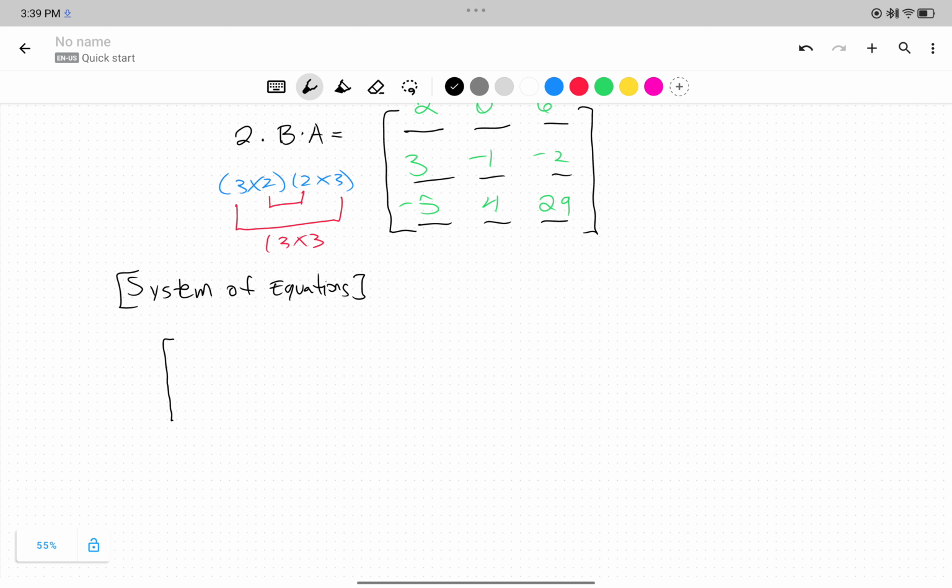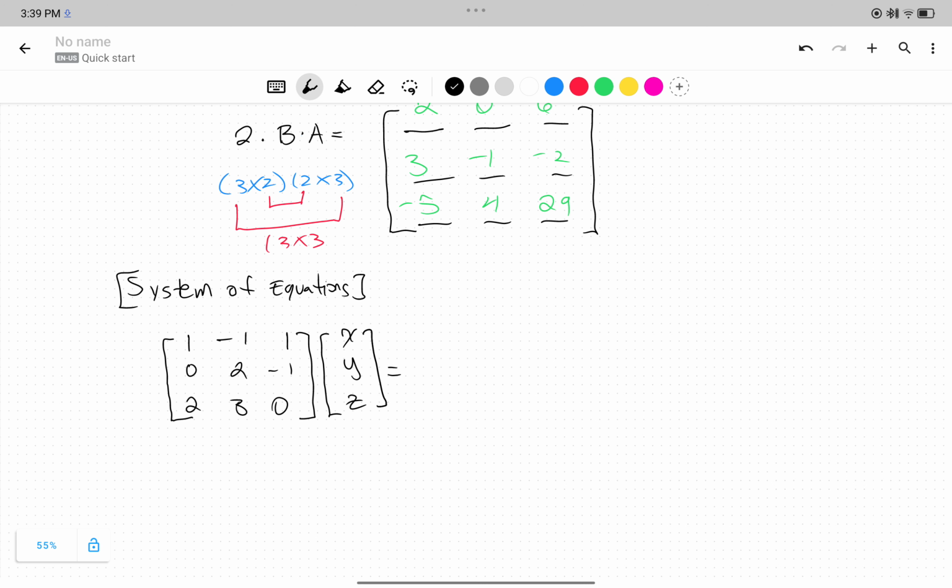All right, so let's say I have a matrix here: 1, minus 1, and 1, and then 0, 2, minus 1, 2, 3, 0. I have another matrix over here, x, y, and z.